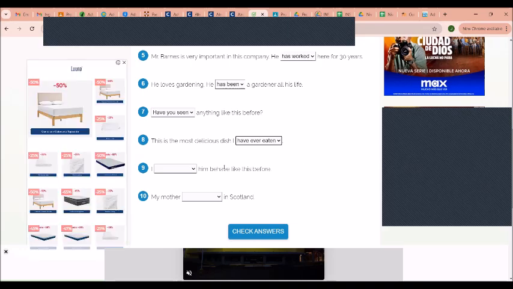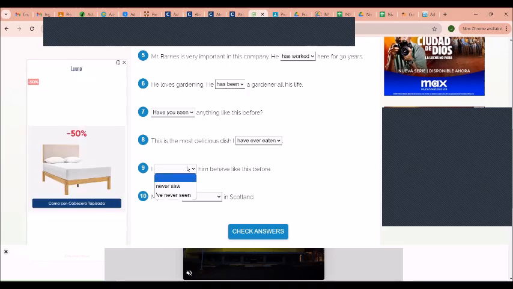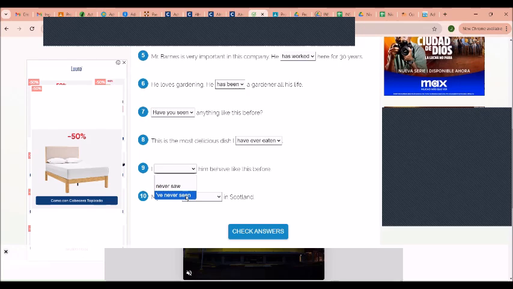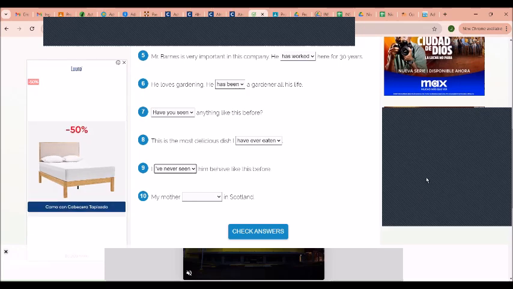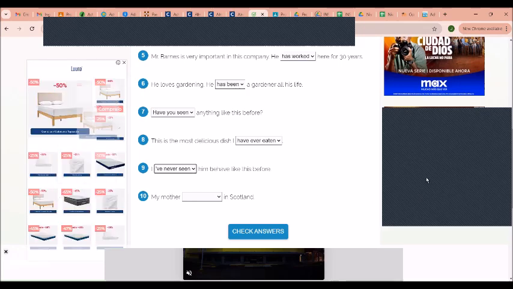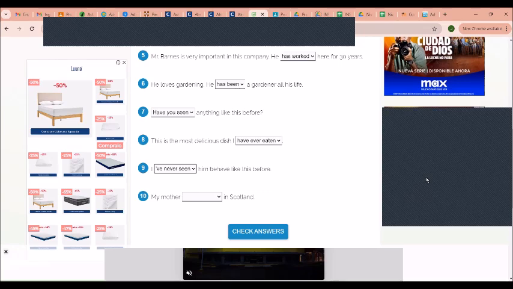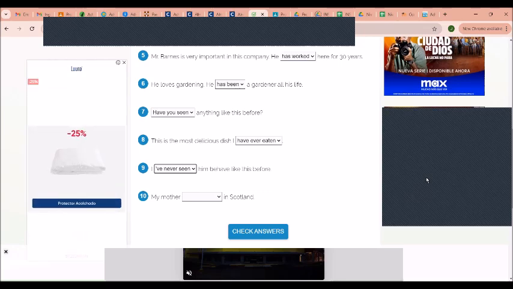And Zahira Cedillo, number 9. I have never seen him behave like this before. Good. Right. And did I miss anyone? I think everyone got a chance to participate today, but did I miss anyone? Everybody? Okay. Well, hopefully everyone got a chance to participate.